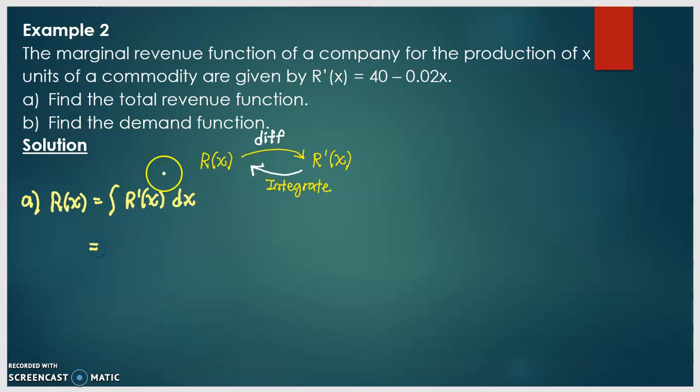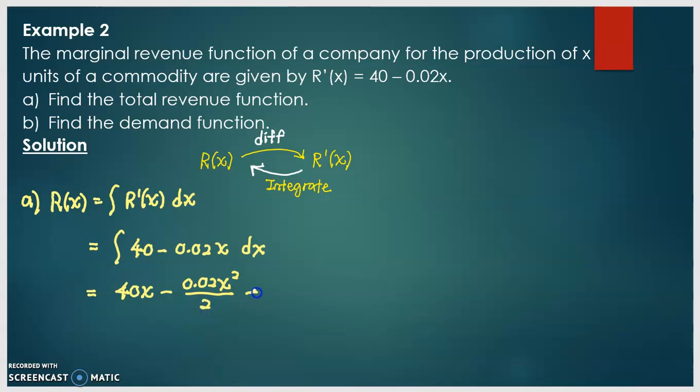So when I integrate R prime x, I integrate 40 minus 0.02x dx. When I start to integrate, integrate 40, I should get 40x minus the integral of 0.02x, which is 0.02x squared over 2, plus C.